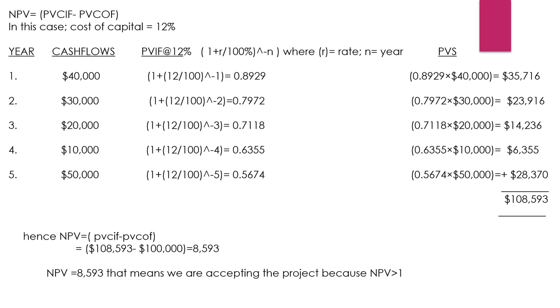So in this case, the answer we've got is a positive value. So this means that we accept the project if we have a positive net present value.